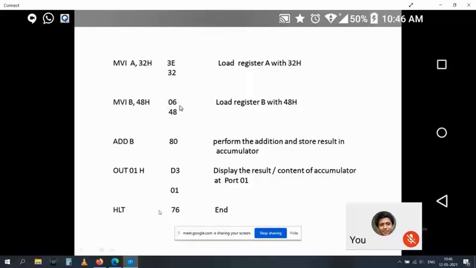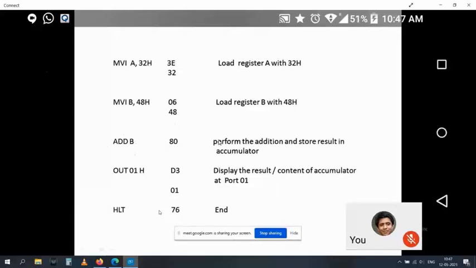The 06 means it will go to B, 3E meant it was going to A, and 48 is my data. So 48H is now moving into register B. These are all 8-bit registers, so your data cannot be more than 8 bits. If some carry is generated, we saw all those flags. You remember? Sign, parity, zero, carry, auxiliary carry. We have seen the functions of those flags also.